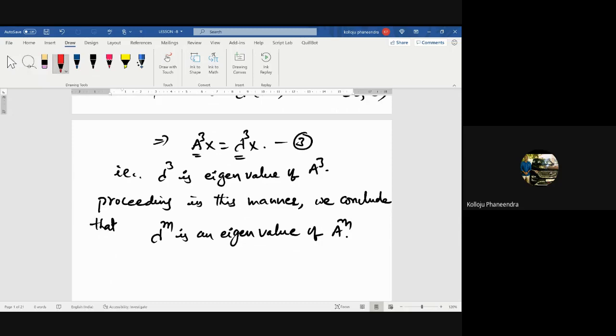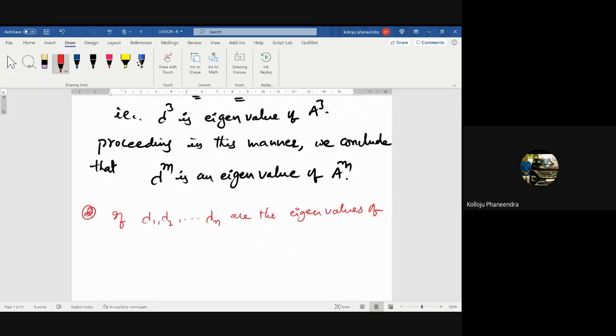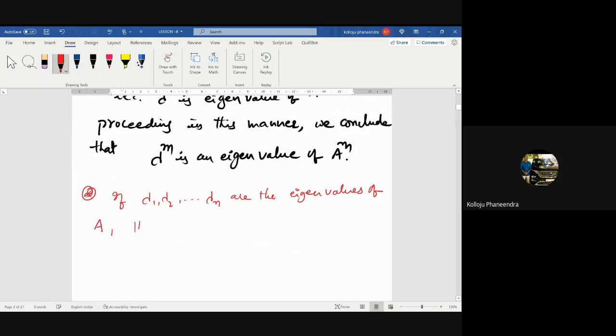For example, the question may be like this: if lambda 1, lambda 2, and so on, lambda n are the eigenvalues of A, then lambda 1 power m, lambda 2 power m, lambda n power m are the eigenvalues of A power m.